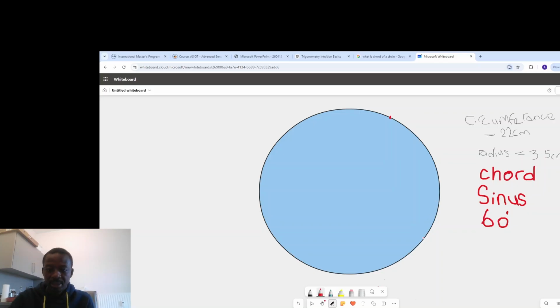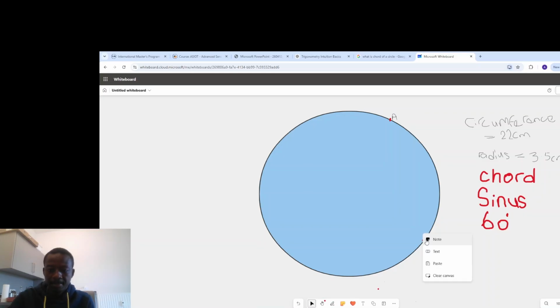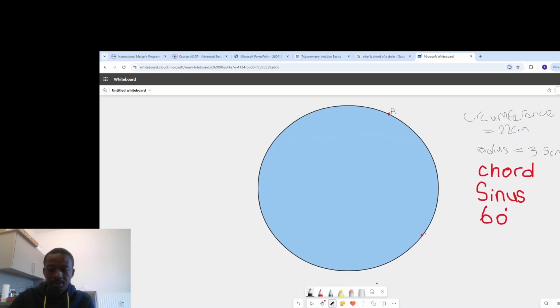So let's say point A and then point B. I'm going to name here A, and now label here B. And the chord is there, so let's draw a line connecting these 2 points.